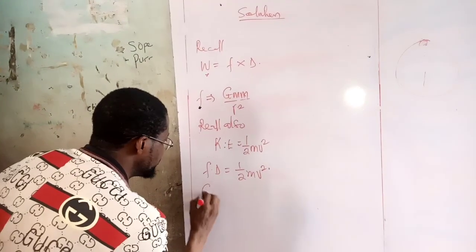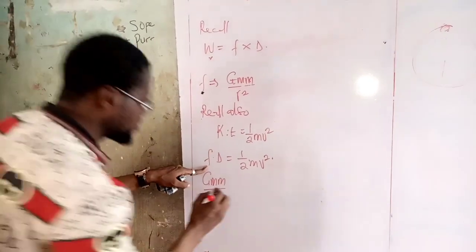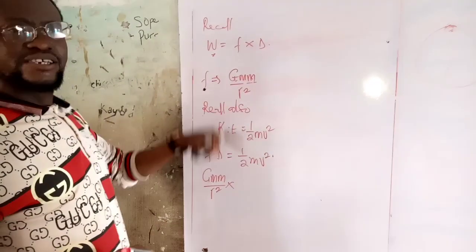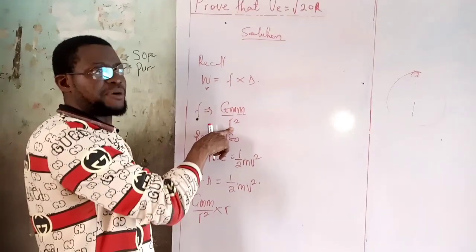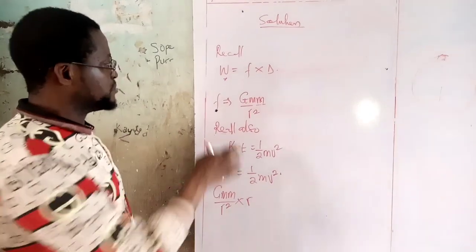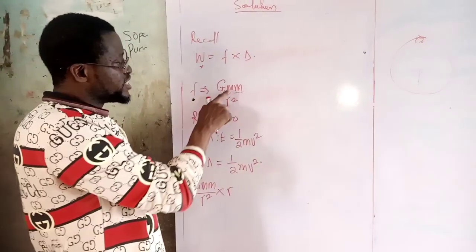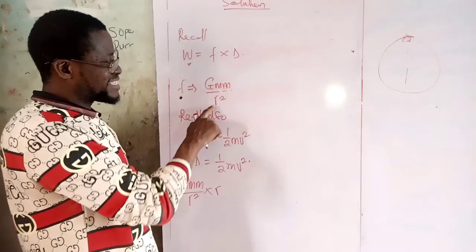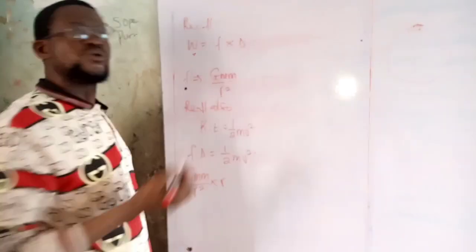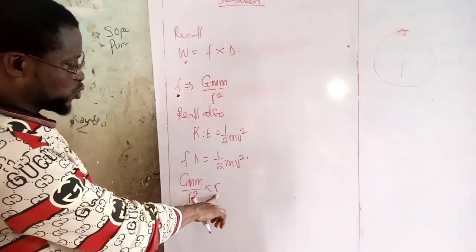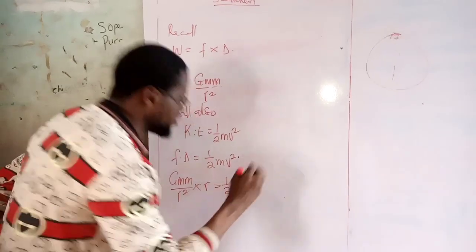So I have Gmm over r squared, which is our force, times another distance, and distance in this regard is r, because I told you distance apart we use letter r. According to Newton, every object attracts every other object with a force proportional to the product of their masses and inversely proportional to the square of their distance, which means this r is meant for distance. So everything equals half mv squared.